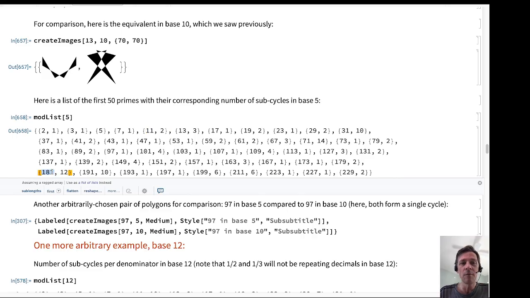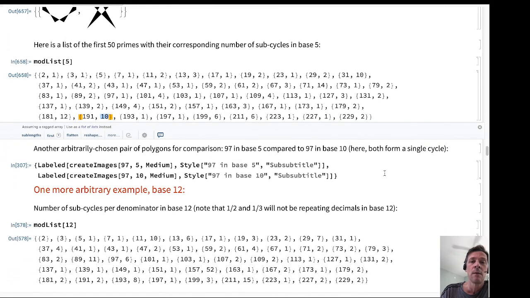With denominator 181, I'm going to get 12 cycles of 180 divided by 12 edges each. With the denominator 191, I'm going to get numerators 1 through 190, and there are going to be 10 images with 19 edges each, right?